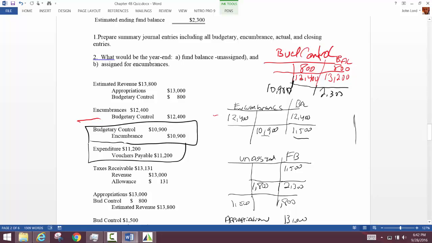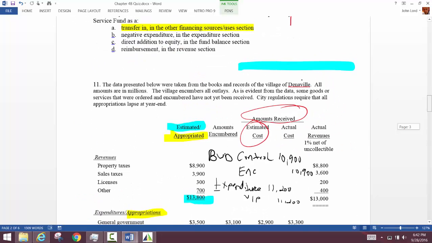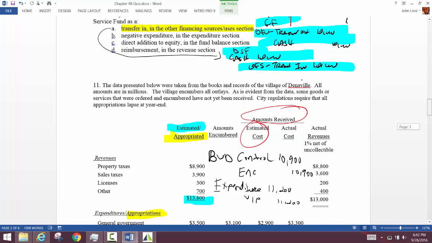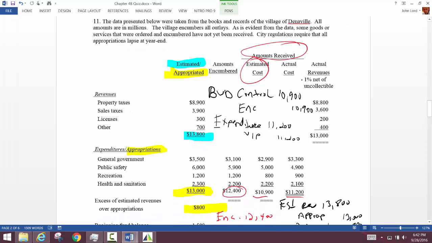All right, so now we come over and we look at this mess and we say, okay, I've done my budgetary entries, I've ordered some of my goods, right? And then they tell me, uh-oh, we've got actual revenues of 13,000, but they say 1% is uncollectible, right?